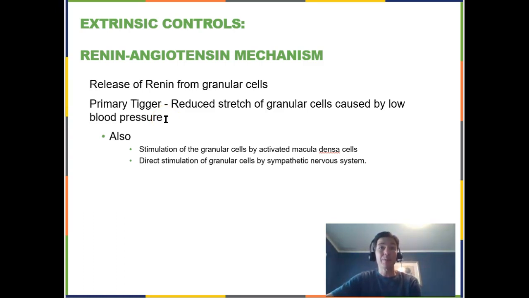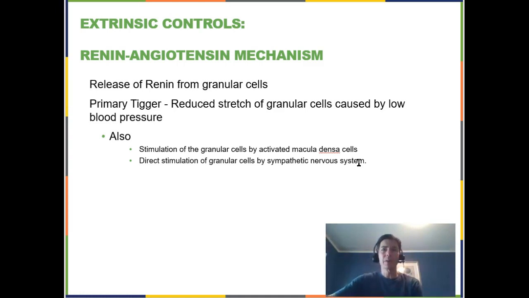That drop in blood pressure is going to cause your granular cells, or what I just called your juxtaglomerular cells, to release renin. Renin, or your granular cells, can also be stimulated directly by the macula densa or your sympathetic nervous system, but we're primarily going to think of renin release as being governed by blood pressure.